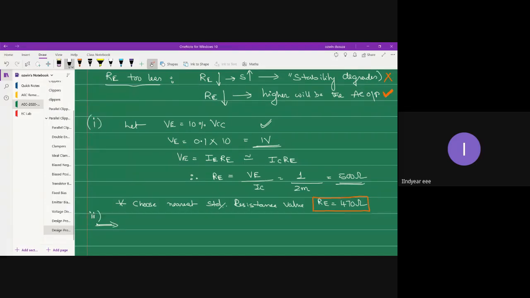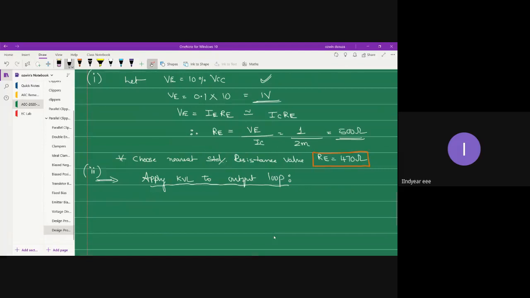Now let me take up the second part of your design. Again, let me consider the output loop. So what I will do is apply KVL to the output loop. This particular step 2 has already been discussed in the previous problem. Apply KVL to the output loop. So what do we get? VCC minus IC RC minus VCE minus IE into RE is equal to 0.